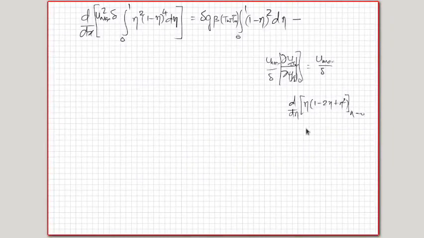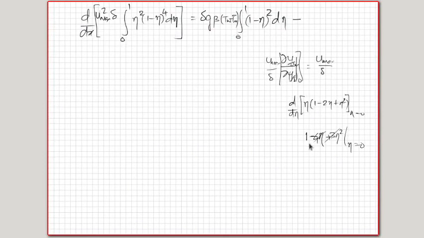If I differentiate this, I'll get a 1 here, minus 2 eta square will become 4 eta, because eta square will become 2 eta, so it will become 1 minus 4 eta plus 3 eta square at eta equal to 0.